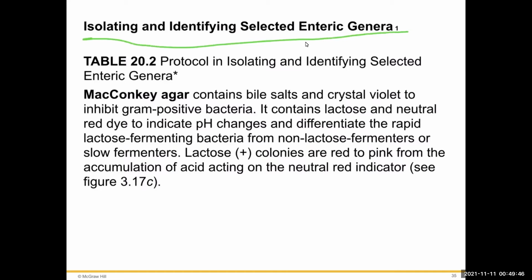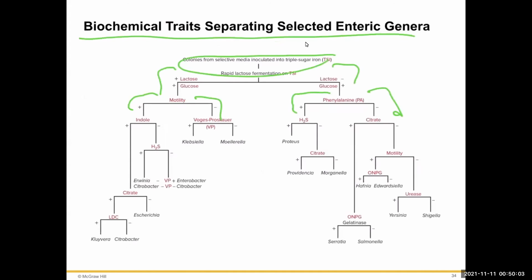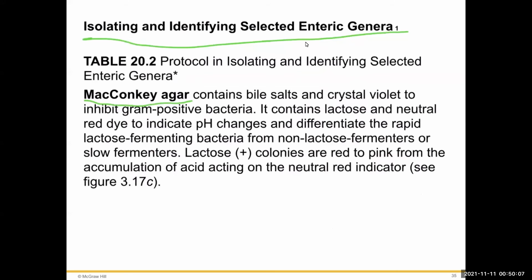The first one is MacConkey agar, containing bile salts and crystal violet to inhibit gram-positive bacteria. That's where you separate out the gram-negative bacteria. It contains lactose and neutral red dye to indicate pH changes and differentiate the rapid lactose-fermenting bacteria from non-lactose fermenters. So the first step here was lactose fermenting or non-lactose fermenting. Lactose-positive colonies are red to pink from the accumulation of acid acting on the neutral red indicator.